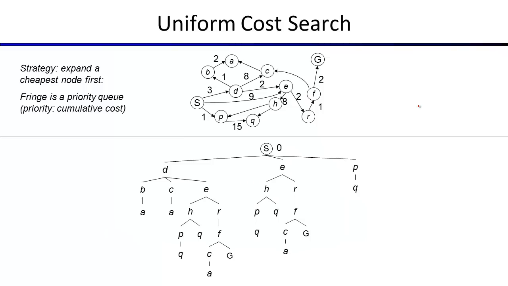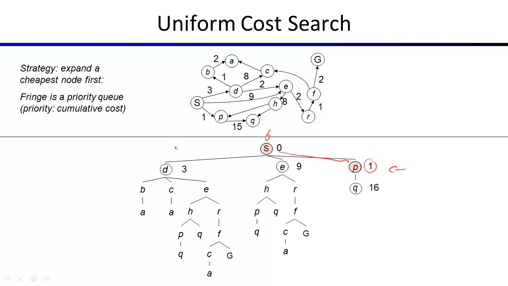How does that proceed? Well, we again start with the start state. We expand that one because there's no other option. Now our fringe has 3 nodes in it. S to D, S to E, S to P. S to E is the most expensive one. S to P is the cheapest one. That's the one we'll pick. So this is the cheapest one so far. Cost of 1 to get to P. We pick that one from the fringe, expand it, and now we have a fringe with 3 nodes.